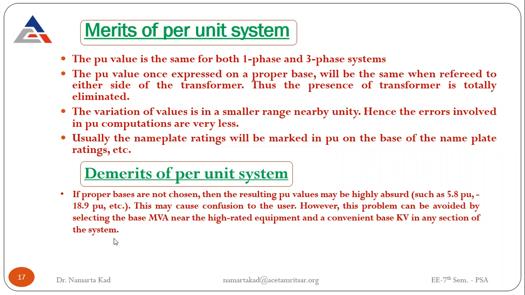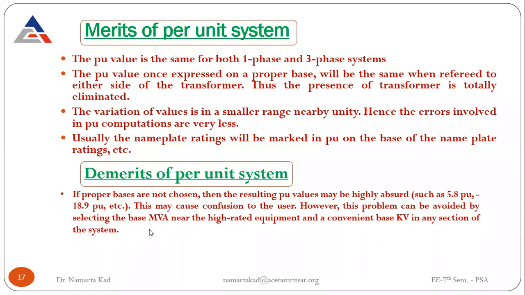Generally, we choose the base MVA. MVA is a unit for apparent power, that is mega volt amperes. We generally choose the base MVA as the higher rated equipment. So what is the highest MVA rating in that power system? We choose that as the base value.